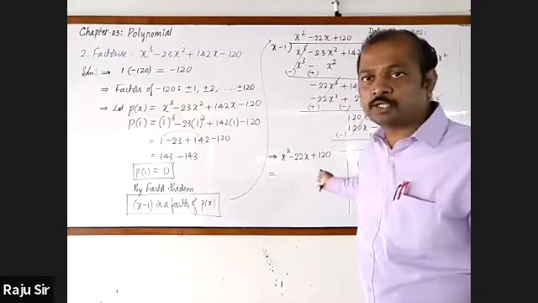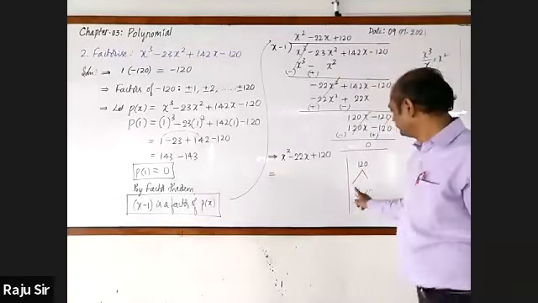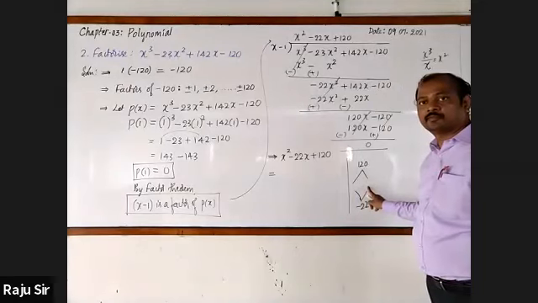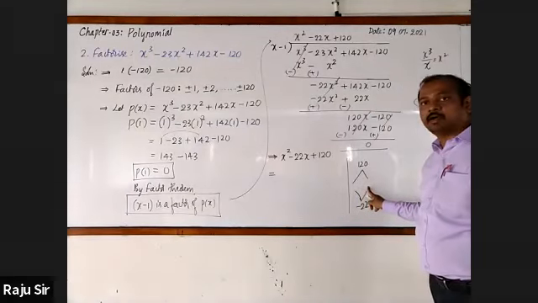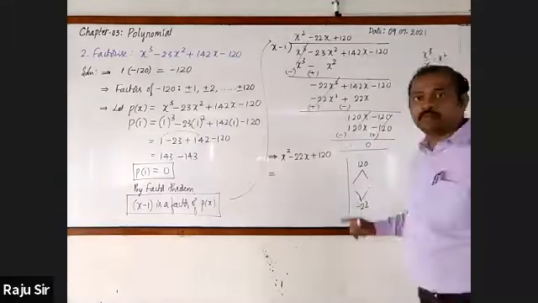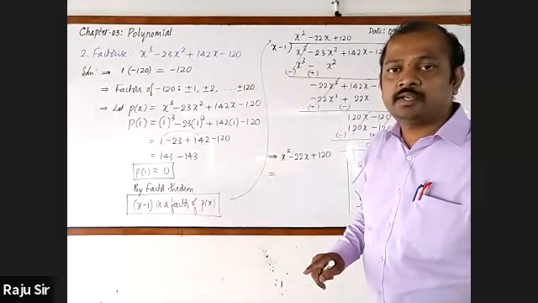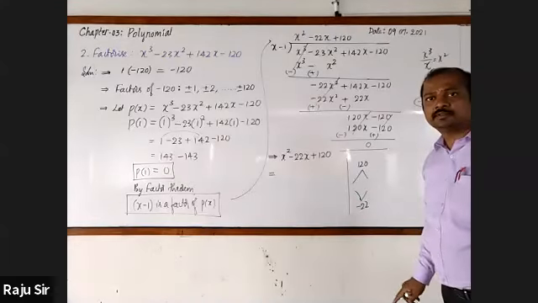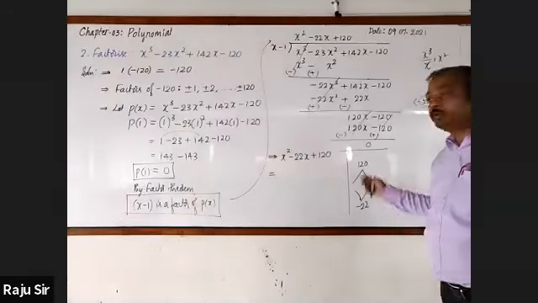Vibha, what are those factors? Ananya, what are the factors? 4 and 2? 4 twos are 8, but here we have 120.